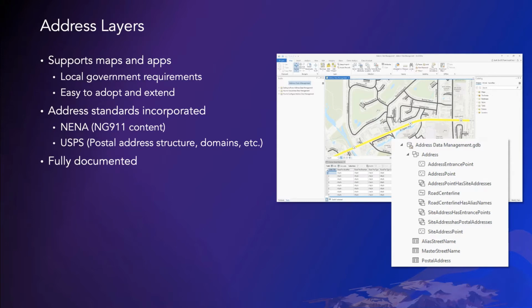And what you'll find is that the layers in our addressing solutions are not modeled exactly like the NG911 guidelines, because quite frankly, that's a transfer standard or a publication environment, I might call it. But what you'll find is all of the characteristics that are in the mandatory and many of the optional fields in the NG911 data set or data guidelines are incorporated, and you can publish that content in that format.